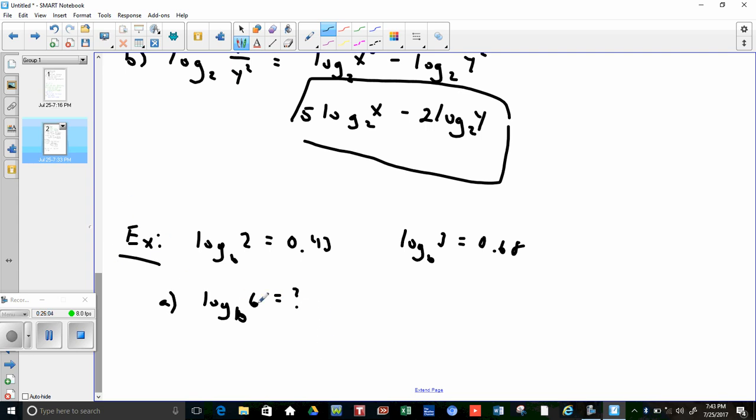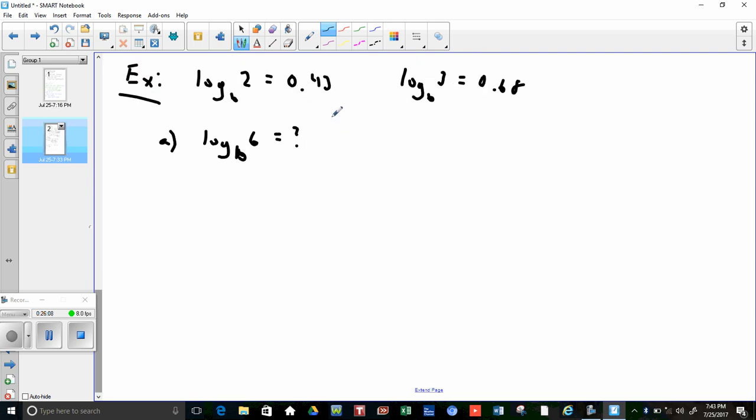Well, if you use the properties of logs, what we can do is add these two logs together, because if we add these two logs together, don't we condense that to the log base b? Multiplying these two things together would give you 6.